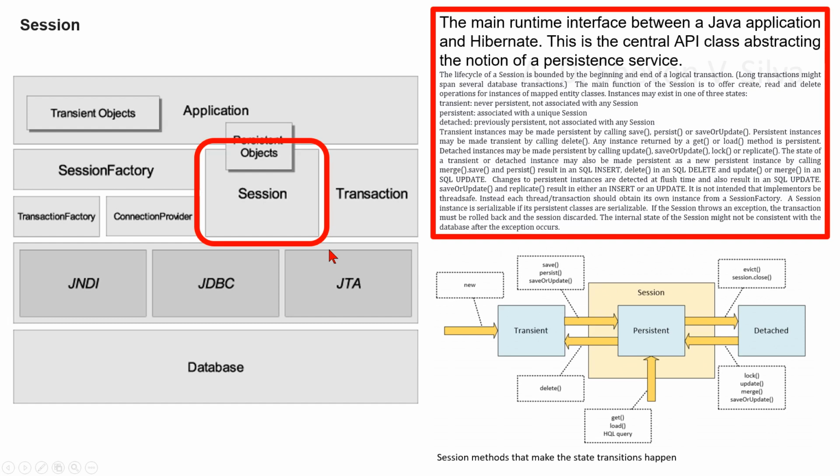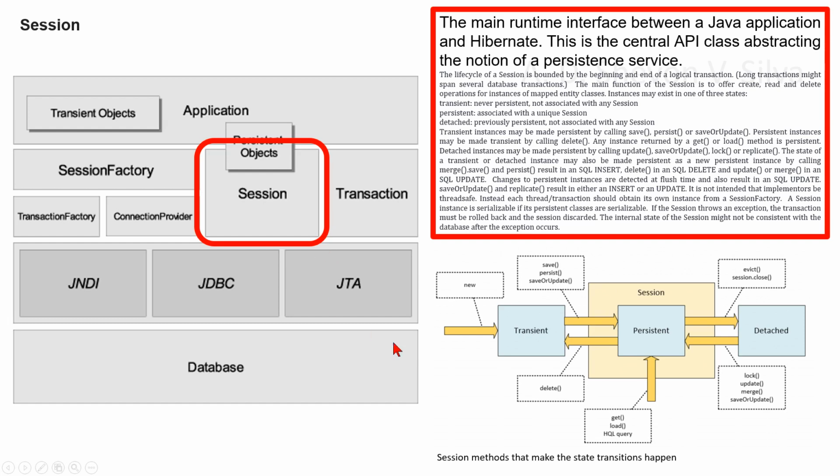A session instance is serializable if its persistent classes are serializable. If the session throws an exception, the transaction must be rolled back and the session discarded. The internal state of the session might not be consistent with the database after the exception occurs.